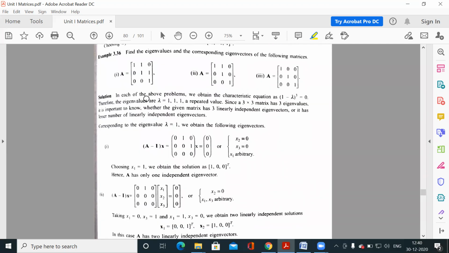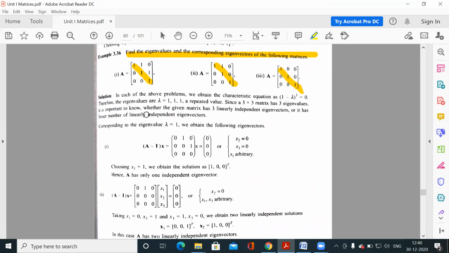Now one very interesting question is this: find the eigenvalues and corresponding eigenvectors of the following matrices. What is interesting in these questions, you can observe that this is an upper triangular matrix, this is an upper triangular matrix, this is a diagonal matrix. For these matrices, you know the eigenvalues are the diagonal elements.